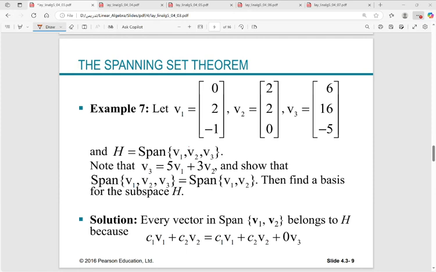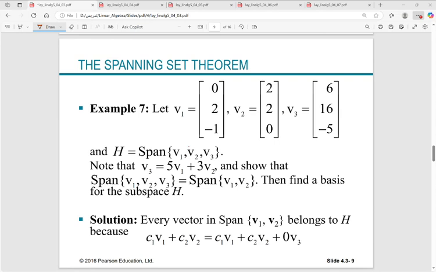V3 is linearly dependent on V1 and V2. Why? Because V3 equals 5 V1 plus 3 V2. So we can safely remove V3 from this list.